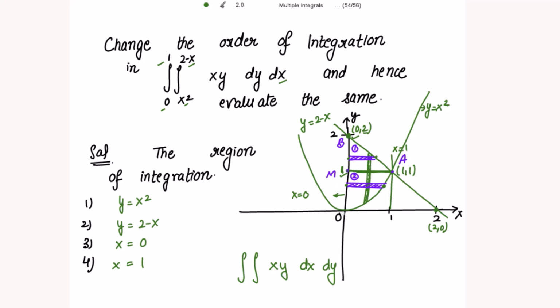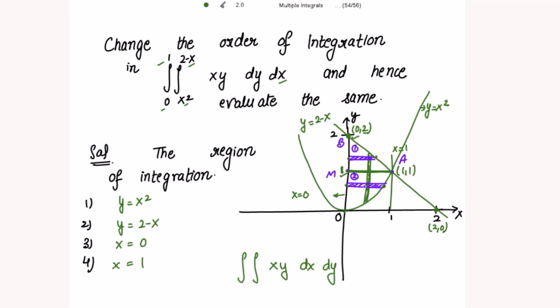And the limits for y, for this region OAM, the minimum limit for y is 0 and the maximum is 1, right? You can also check the y-axis only. Don't confuse with the regions. Just check the y-axis. The region stops here, and here I'm having the value of y as 1, starting from 0. So for region 1, the value is from 0 to 1.